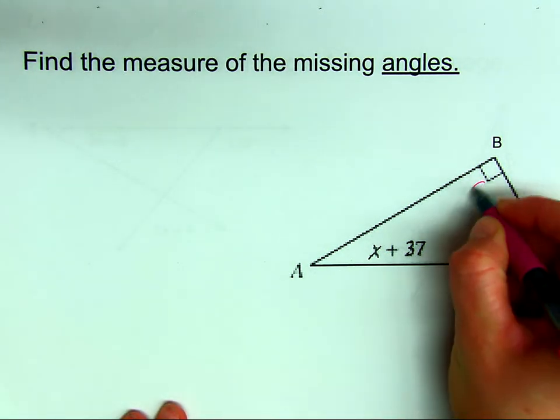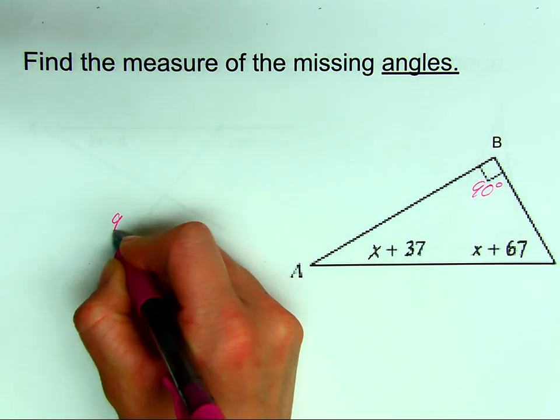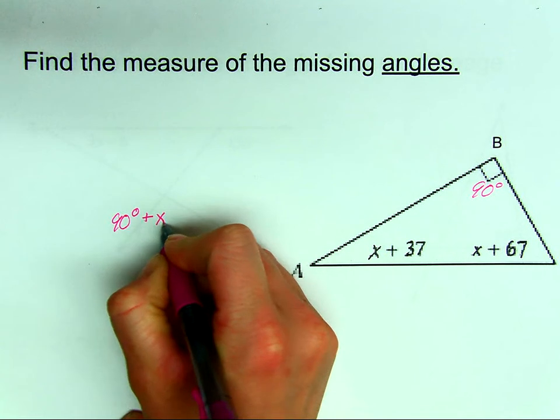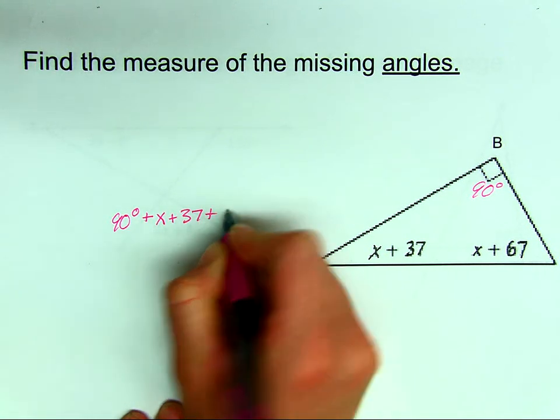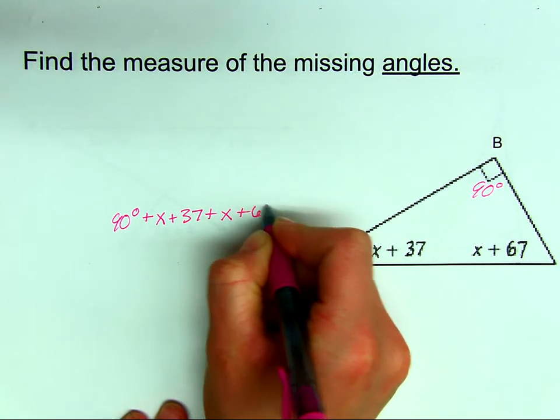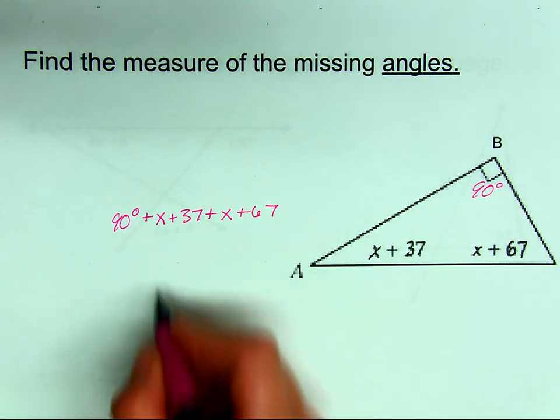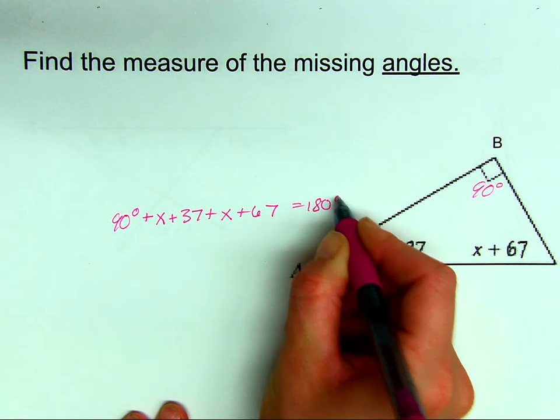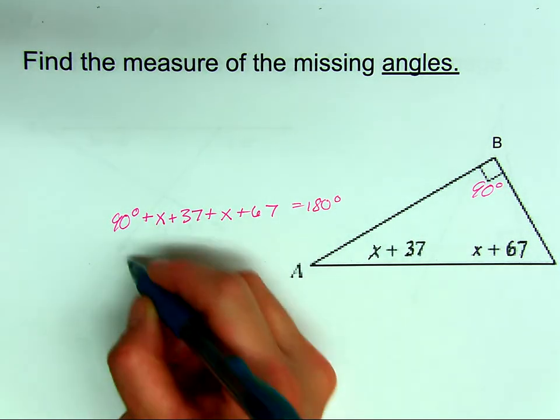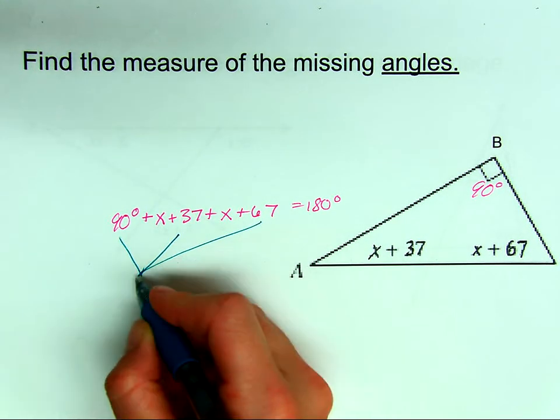So remember, this is 90 degrees, a right angle. So 90 degrees plus x plus 37 plus x plus 67 all equal 180 degrees. So combine your like terms.